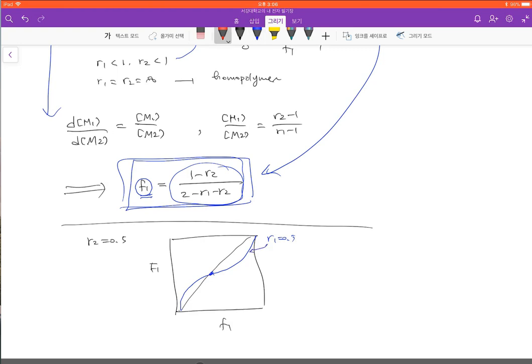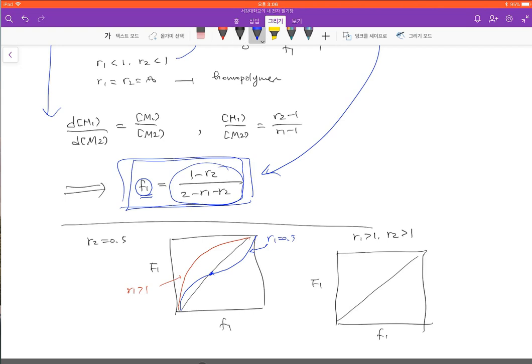Then, if R1 is also 0.5, we'll have an azeotropic point here in the middle. But if R1 is larger than 1, then there will be no azeotropic point.